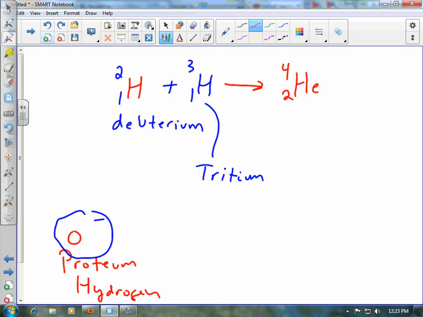Okay, we also get a neutron. So this is a neutron over here. I drew it a little funny. Okay, so that's a single neutron.